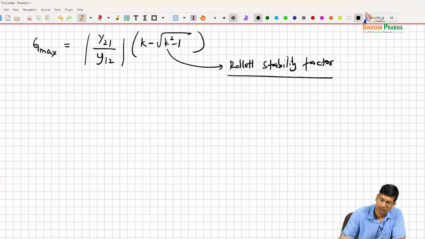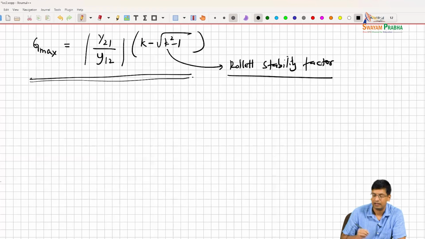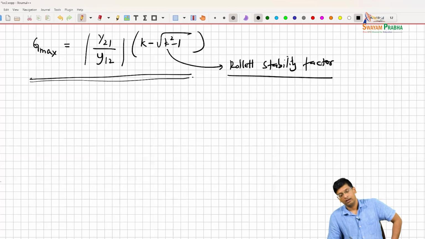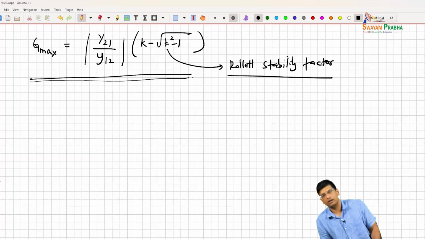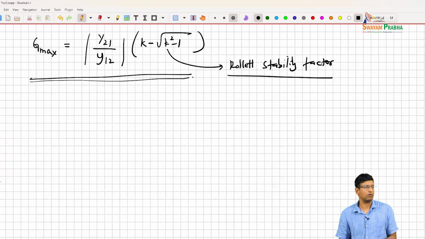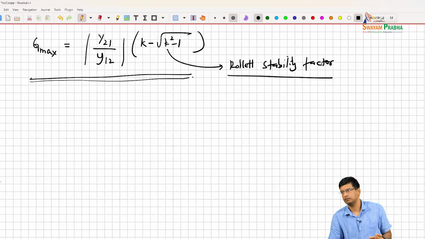And this basically says that this is the maximum gain that you can get from the transistor once you conjugate match.